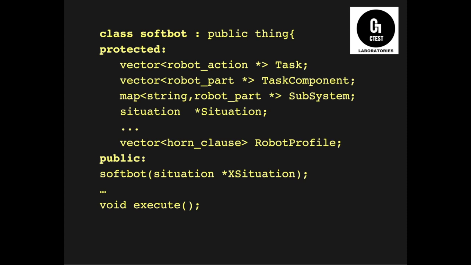And then the execute method, I highlighted that here because that is used throughout all of the robot parts and robot actions. That's one of those pure abstract virtual methods that allow us to execute things from a polymorphic point of view.